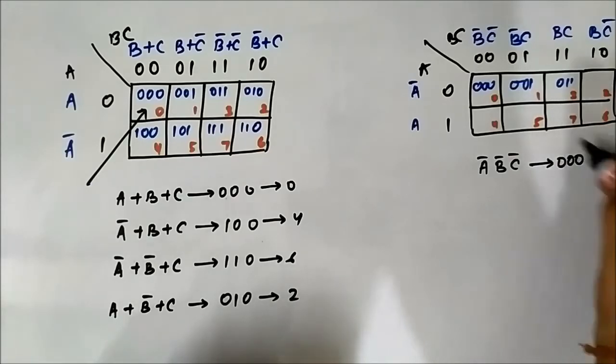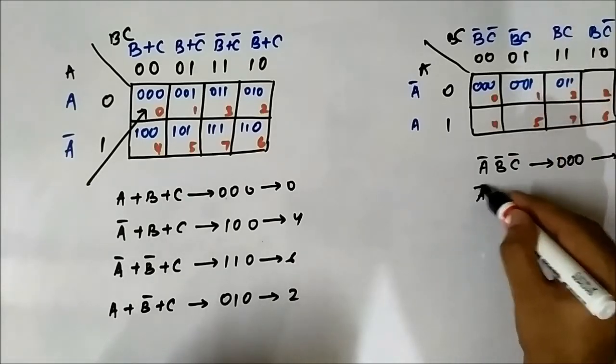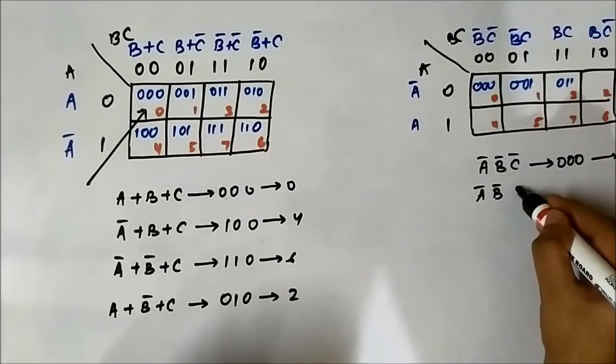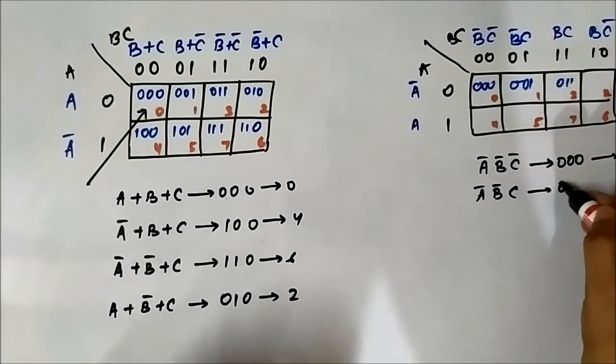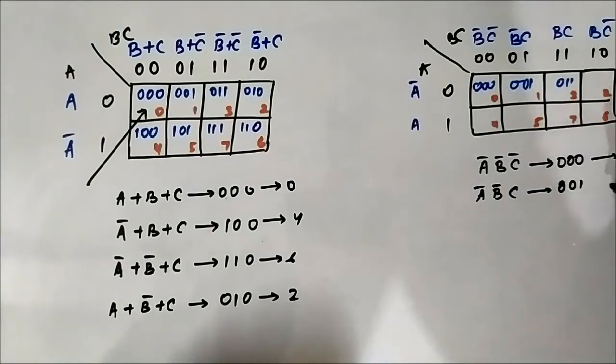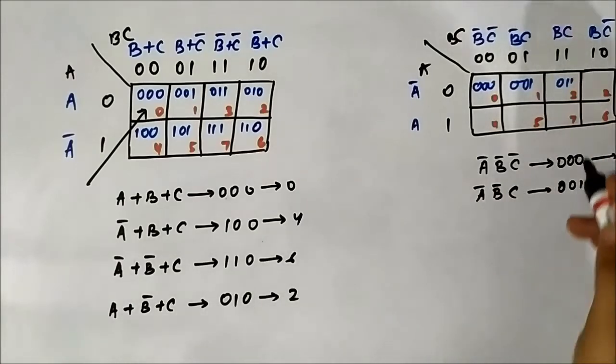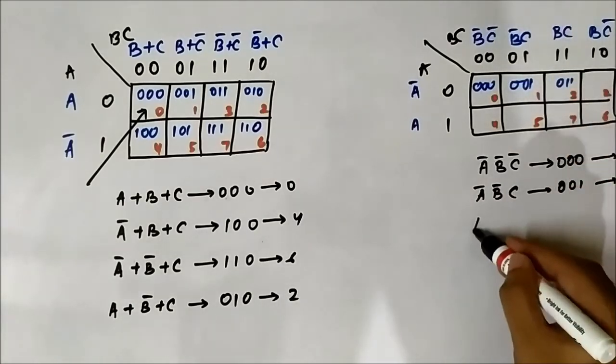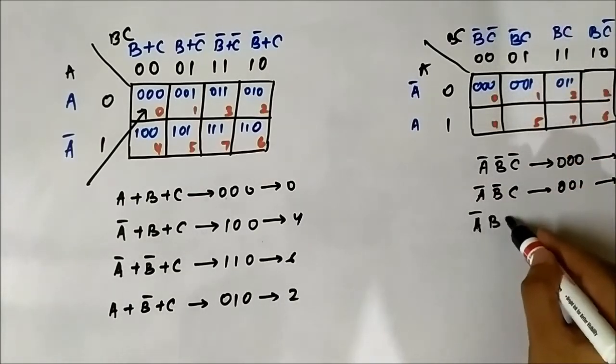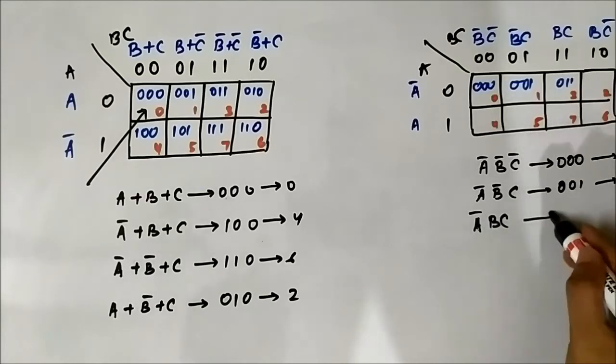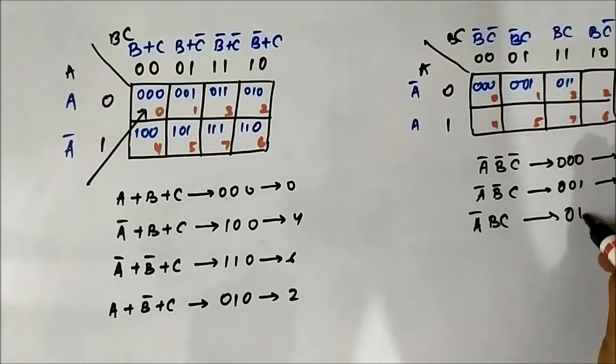This cell stands for A bar, B bar, C, 0 0 1, this is 0, this is 1. Similarly, this stands for A bar, B, C, which is 0 1 1, which is 3 and so on.